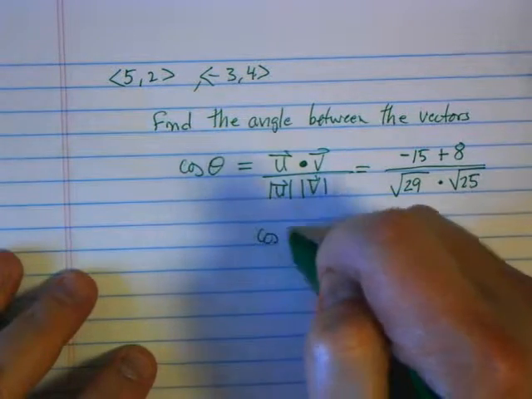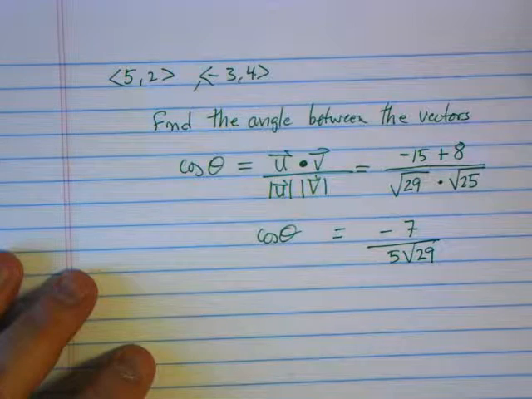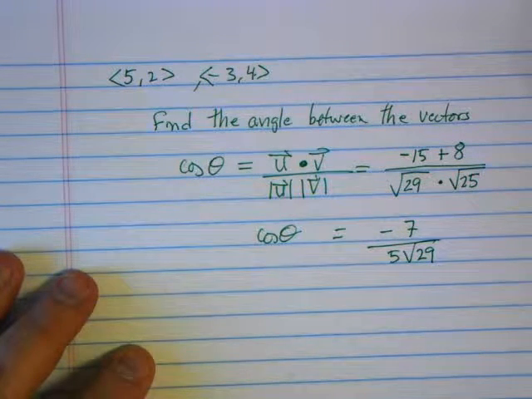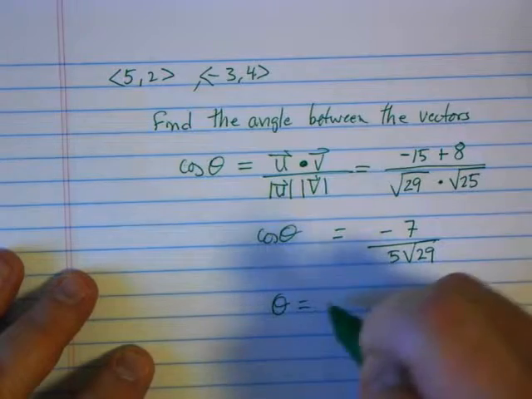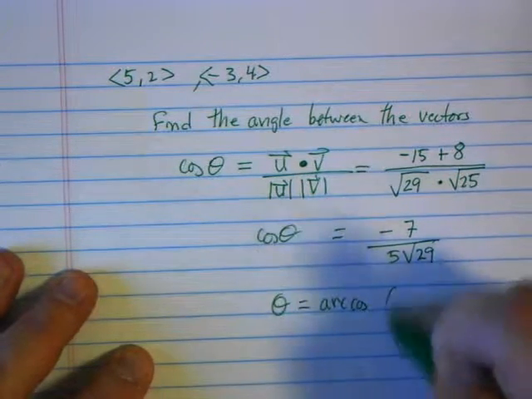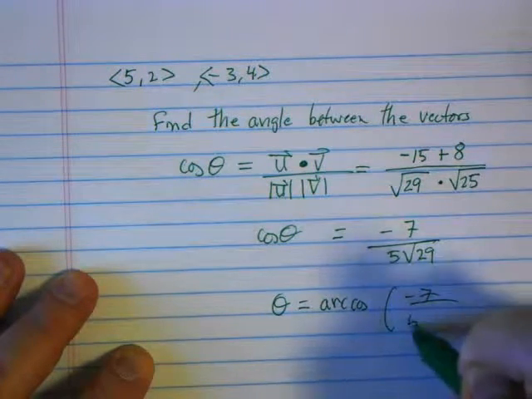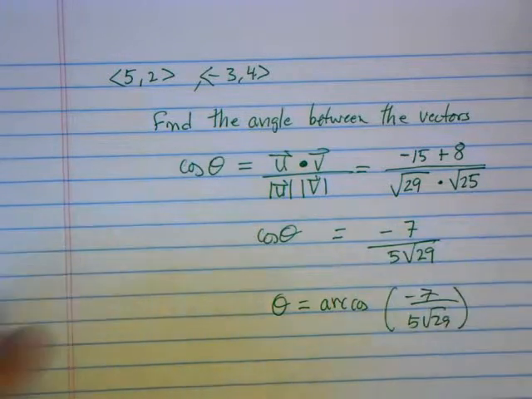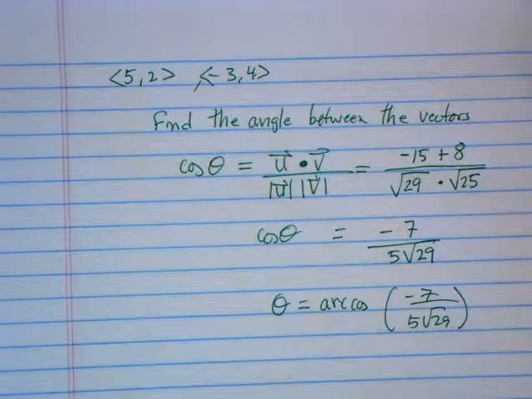All right, so how do I get theta all by itself? Not divide by cosine. Not times by cosine. What gets rid of a cosine? Inverse cosine. So theta is arc cosine of negative 7 over 5 square root of 29. So I grab my calculator.